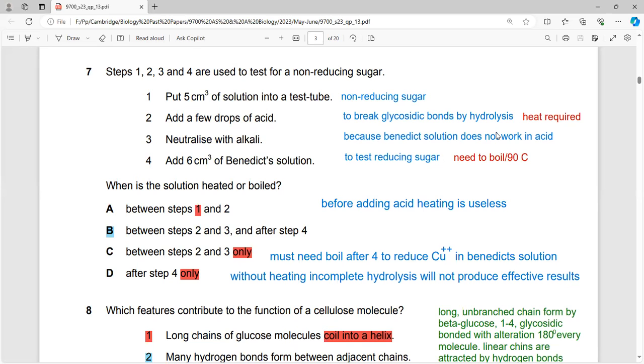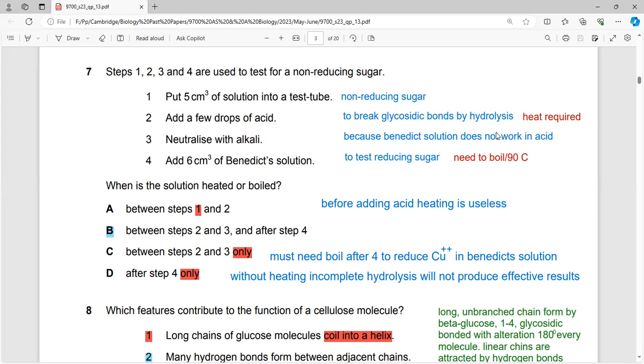And step number 4, add 6 centimeter cube of Benedict solution, and then we have to heat it up to 90 degrees Celsius, or we need to boil it to get a positive result with Benedict solution. Now, when does the solution need to be heated or boiled? We need to heat after step number 2 for hydrolysis and after step number 4 to get the positive result with Benedict solution.